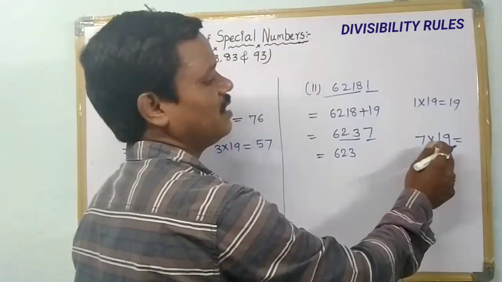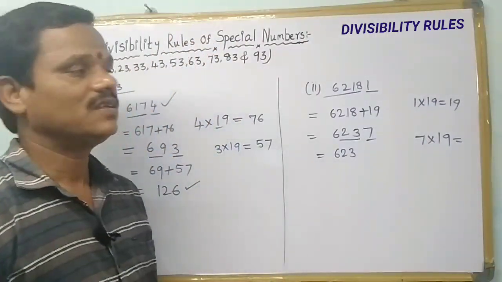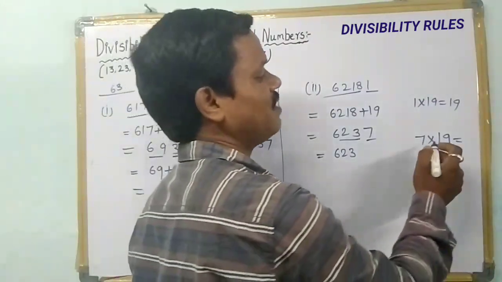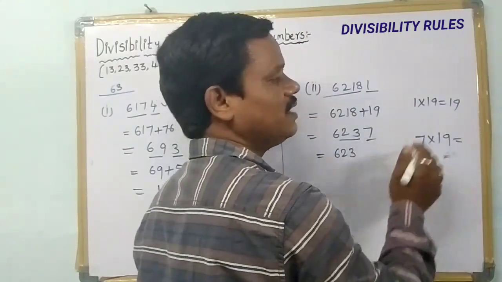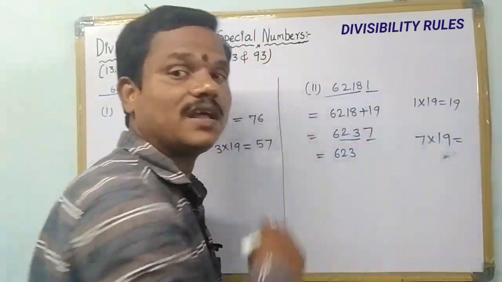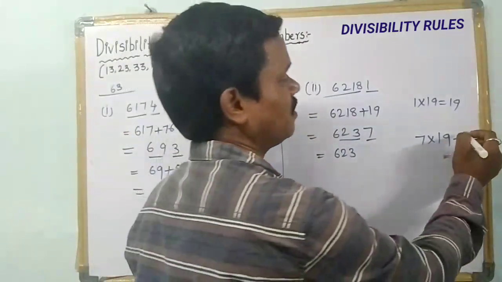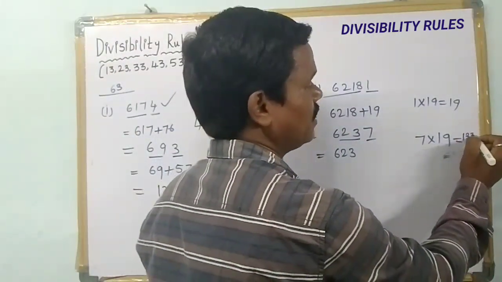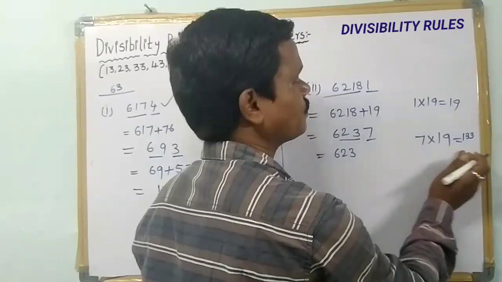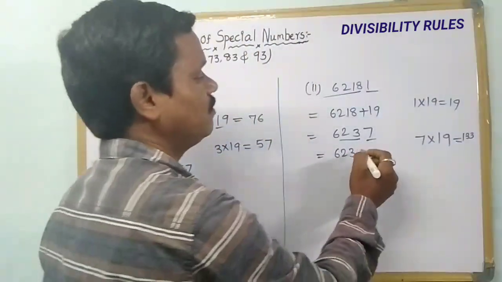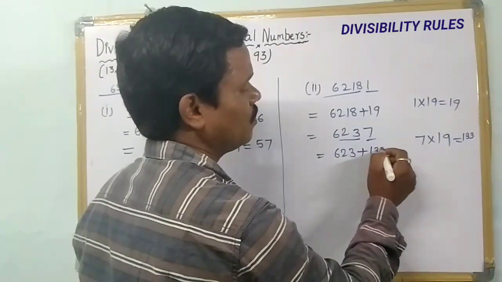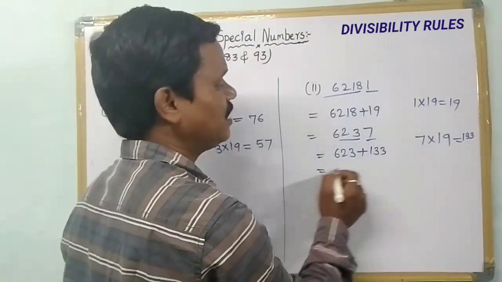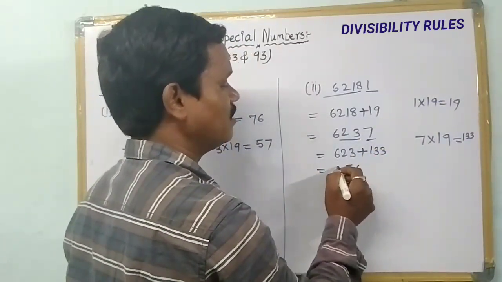What is the answer here? 19 sevens are 70 plus 63, 133. Now add 133 to the second part. What is the second part? 623. 623 plus 133.